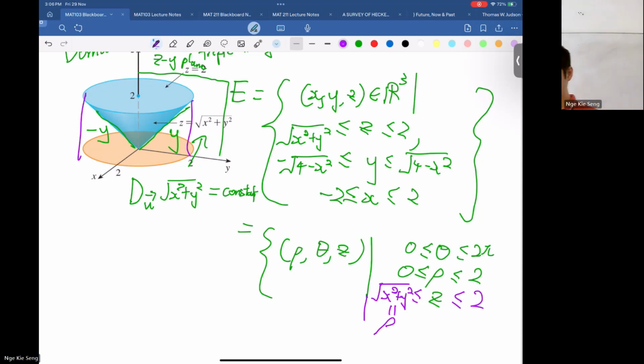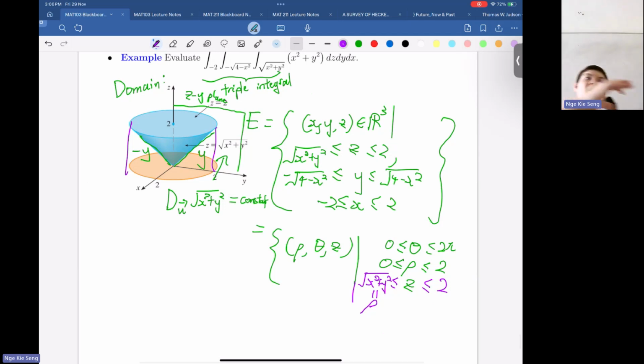Okay. So just now in rectangular coordinate, the basic shape is a box. But in spherical coordinate, what's the basic shape? In rectangular coordinate, the basic shape is a box.